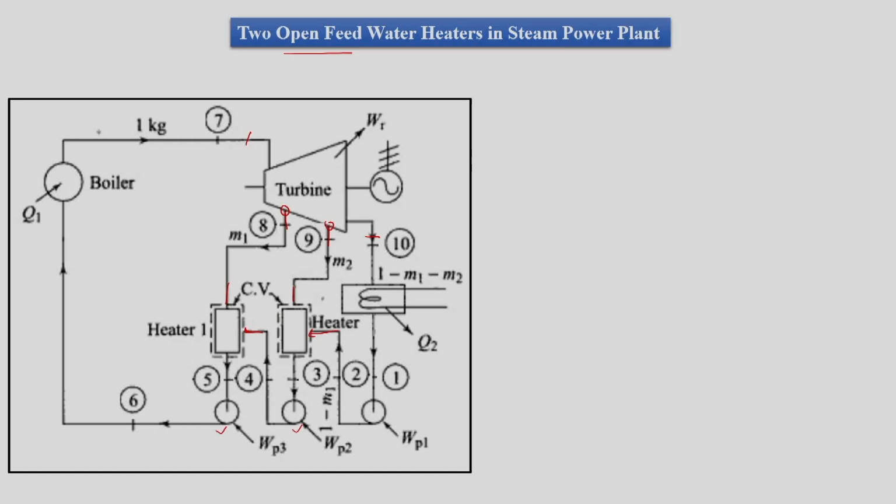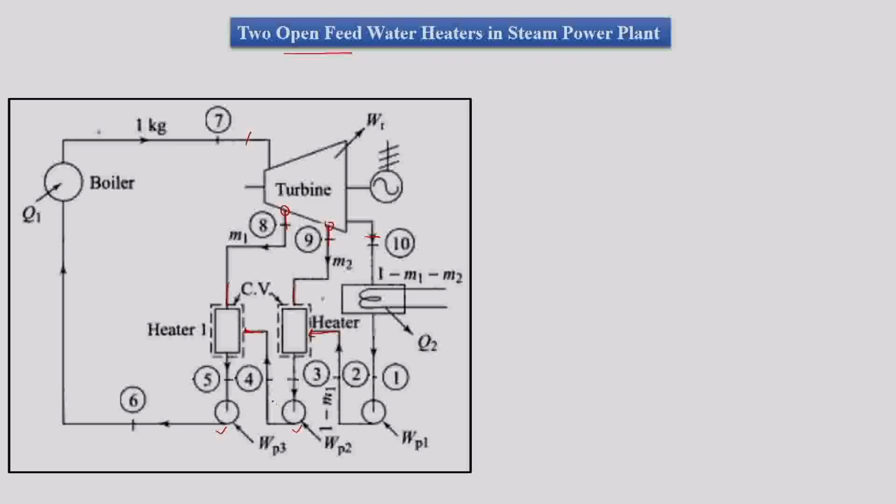We would have understood a point by this time: if we have a closed feed water heater, as in the last case, then we do not have to have multiple pumps, also called drip pumps. The pumps which are small in size, which handle a small amount of mass of the steam, are called drip pumps.